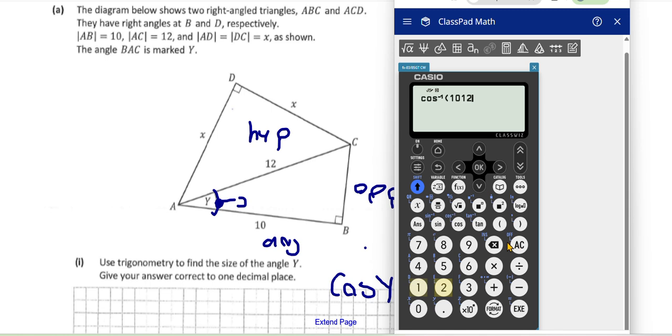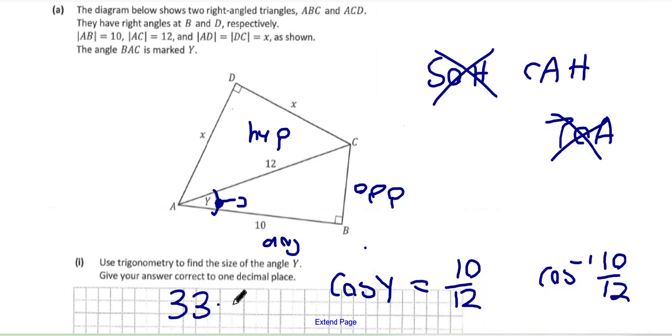And lo and behold, there it is, 33.55 or 33.6 degrees. Who got that? 33.6? Nobody. Did anybody get 33.5? Didn't round it off properly. That's not what I asked you to do. I asked you to one decimal place.